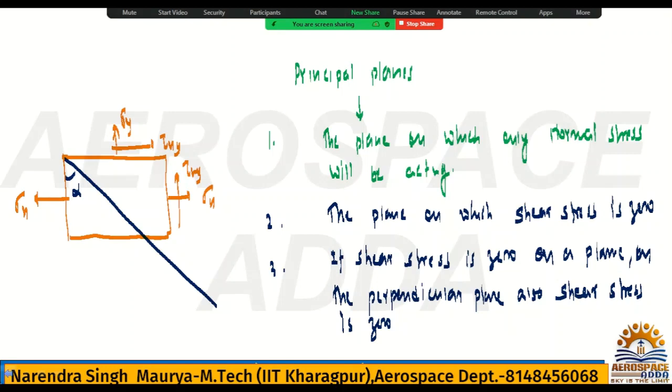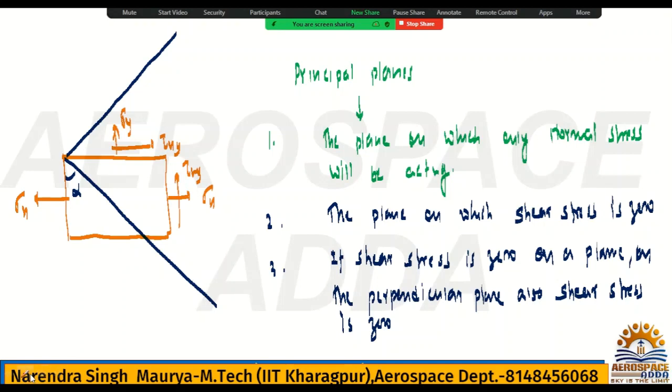There will be one more principal plane, and that principal plane will be 90 degrees away from this principal plane. So here this is the another principal plane. This principal plane is called the major principal plane.